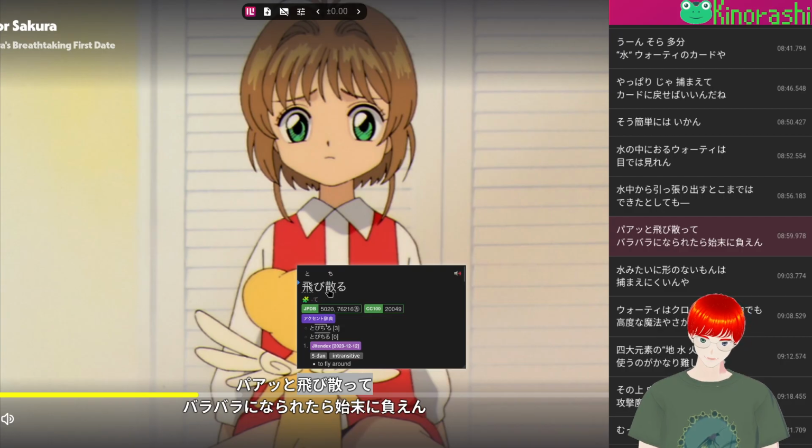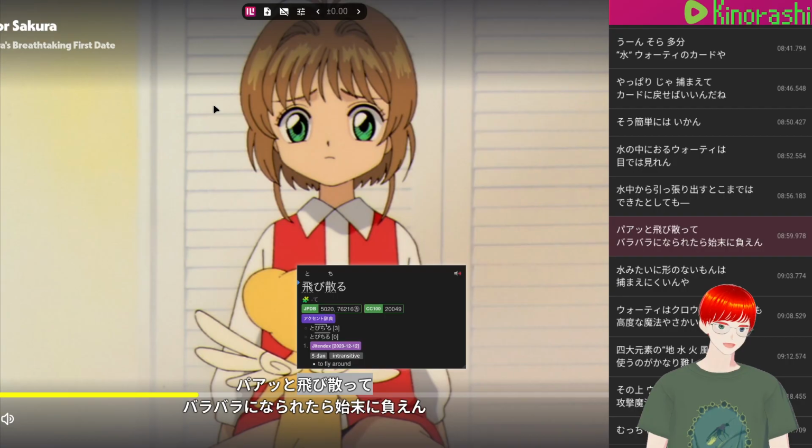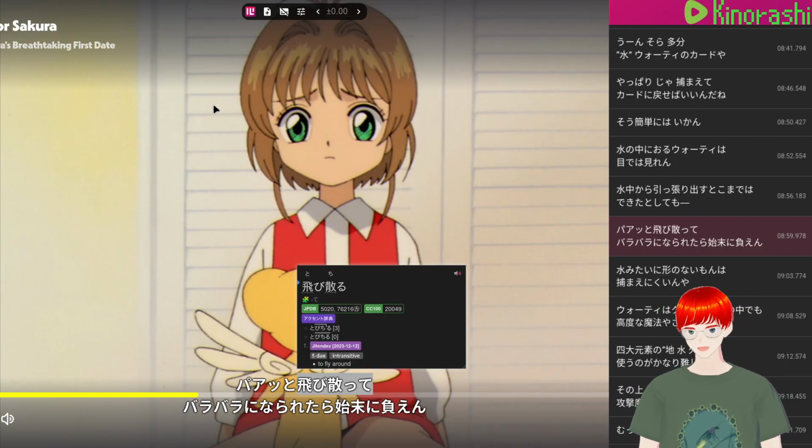What is this chiru in tobi chiru? To fly around, to scatter.